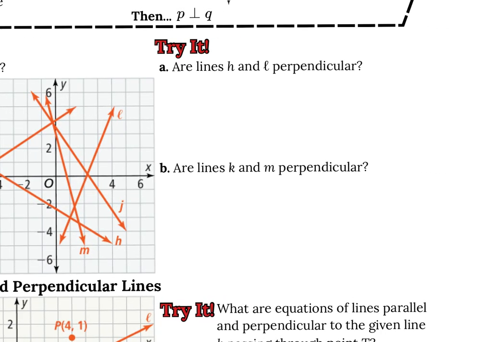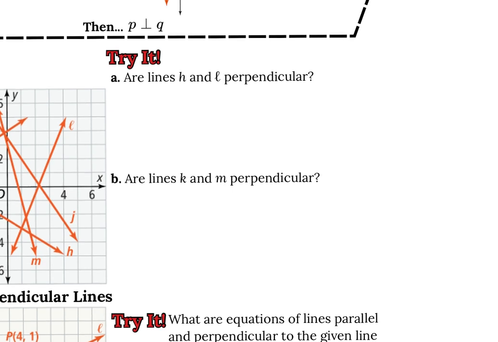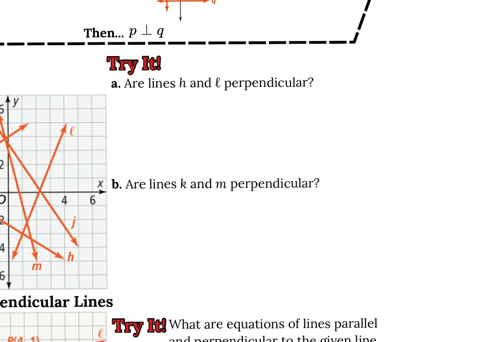Okay, let's look at the try it. So we want to find if lines H and L are perpendicular and lines K and M are perpendicular. Okay, let me find some points. I'm going to put them up above.